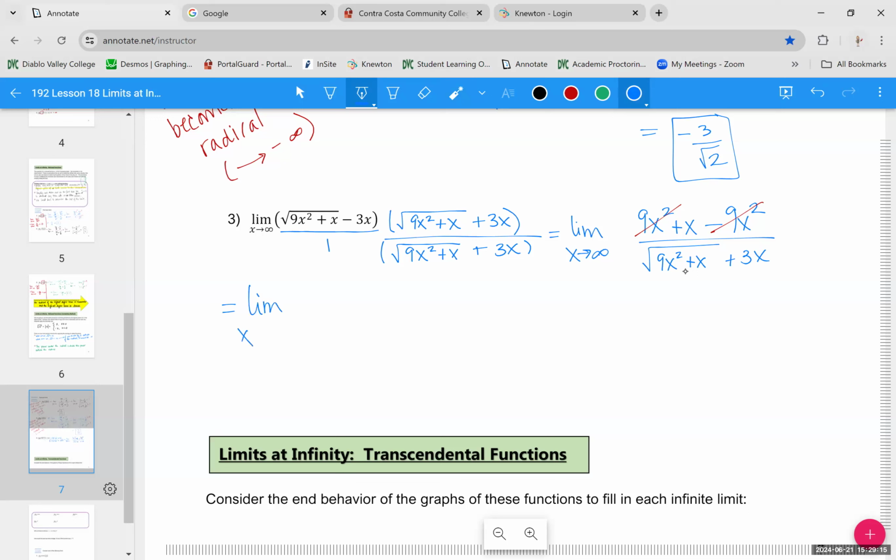So x over x, 9x squared over x squared, x over x squared, and 3x over x. So let's see, what's going to cancel? This looks like the only term that's going to be left with an x in the denominator. And everything else will just be a constant.